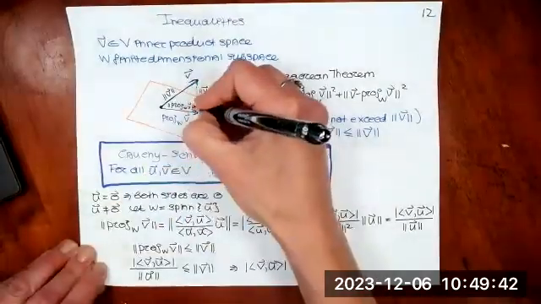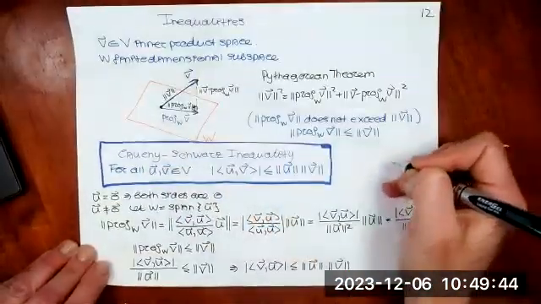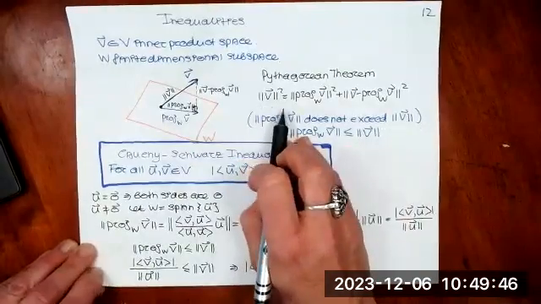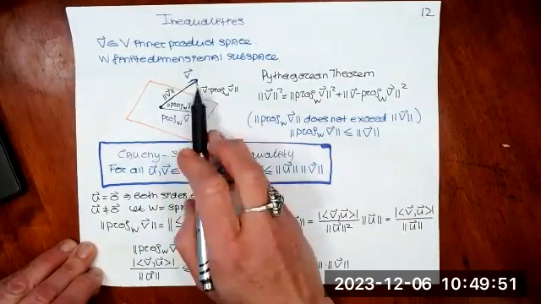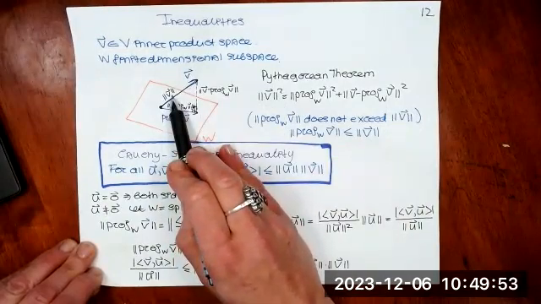Now, this is a right angle triangle, so I can write down the Pythagorean theorem. The sum of squares of the two sides equals the hypotenuse squared.